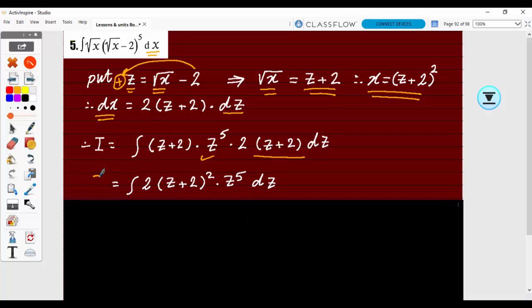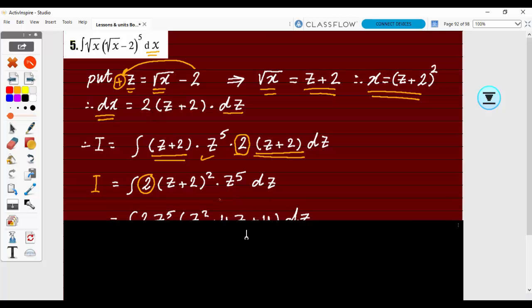We have I, the integral of 2 multiplied by (z plus 2) all power 2. How do we get it? (z plus 2) multiplied by (z plus 2) gives (z plus 2) all power 2. Of course, we have the number 2, I write it in the beginning of the solution: 2 multiplied by (z plus 2) all power 2, z power 5, dz.